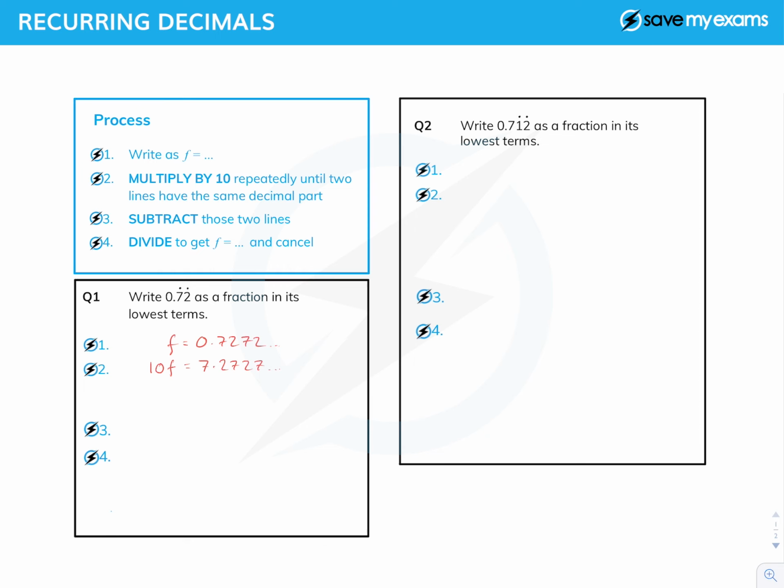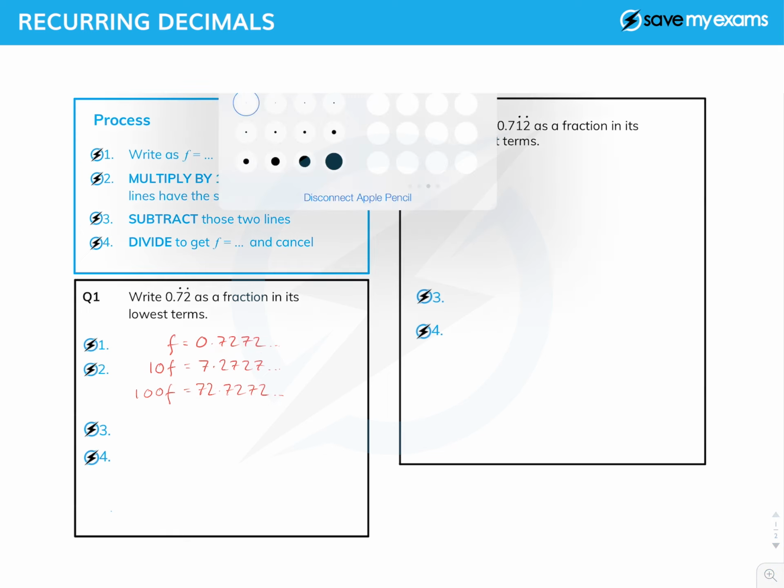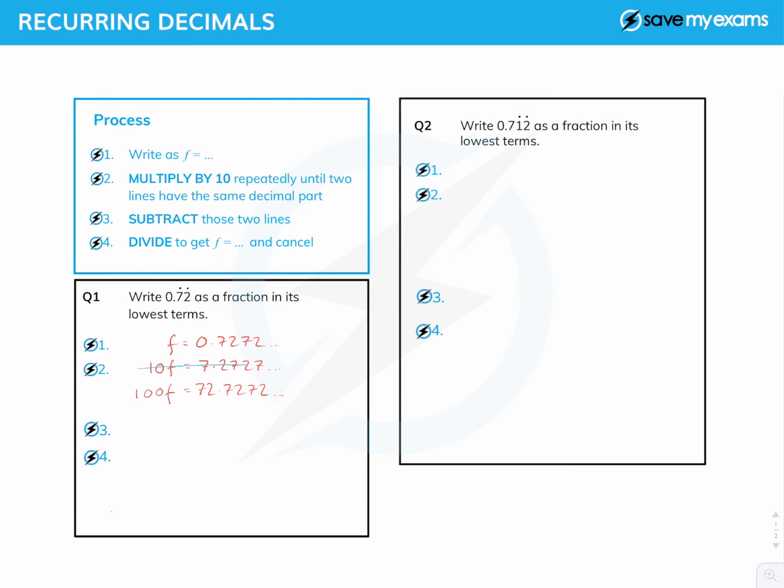If I multiply by 10 again, I get 100f on the left, and I get 72.7272, etc. And you'll see what I mean by two lines having the same decimal part. Look, the first line and the third line there both have the same figures after the decimal point. And those are the two lines we're going to use. So in fact, I'm going to cross out the line that we don't need.